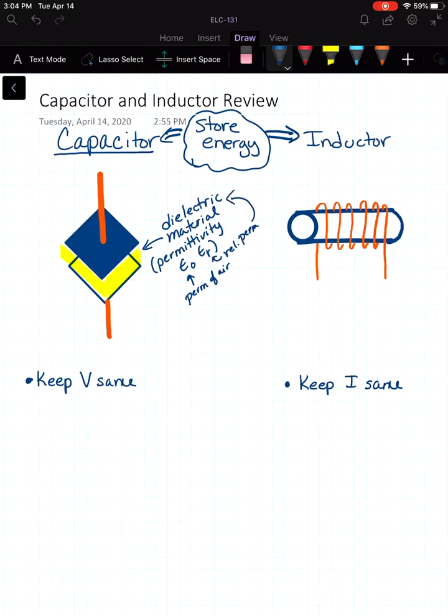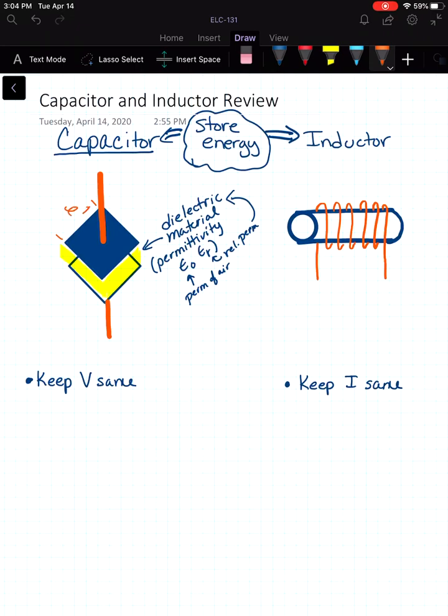So if the relative permittivity of the material was 2, then the permittivity of the dielectric in this case would be 2 times the permittivity of air. Another property we look at for our capacitor is the area of the plates.